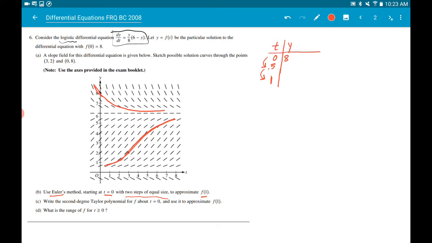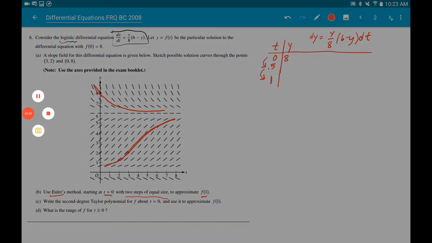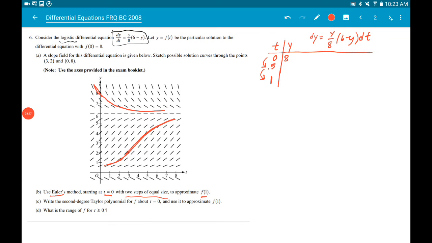The big picture is we're going to find our new dy, which is going to be y over 8 times 6 minus y, and then move that dt over here. In this case, dt is going to be 0.5. The dy that we find means the change in y, and we're going to add that to 8 to get our new y, and then repeat that process twice.